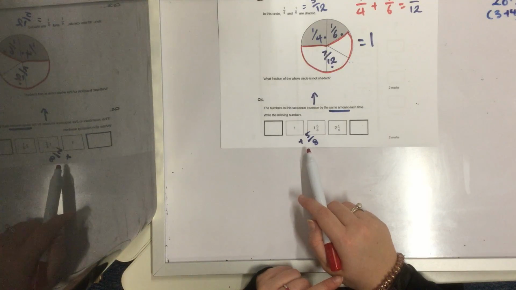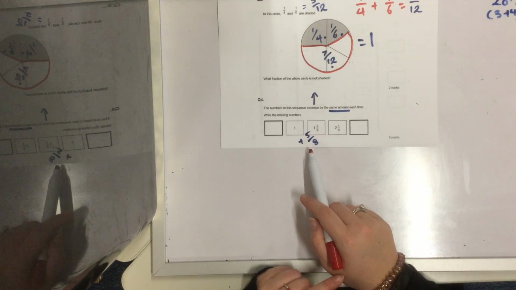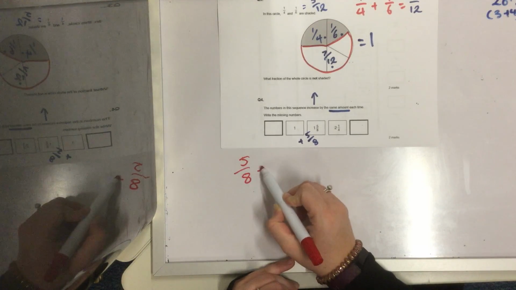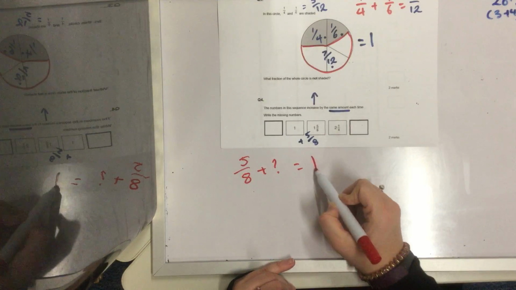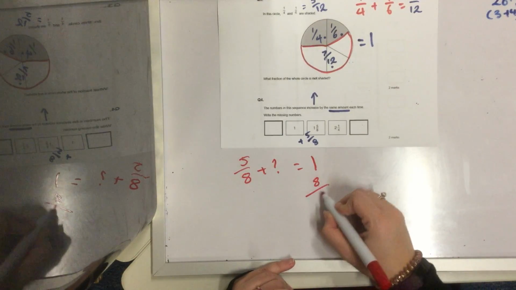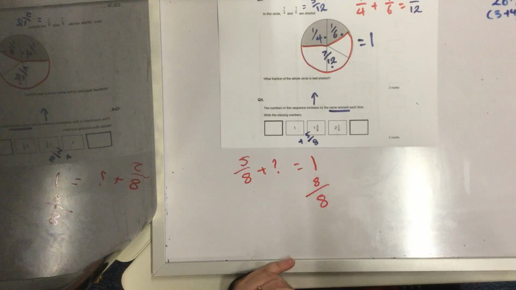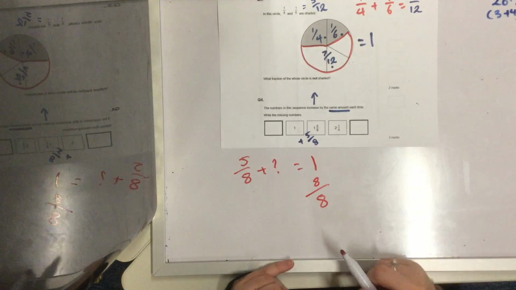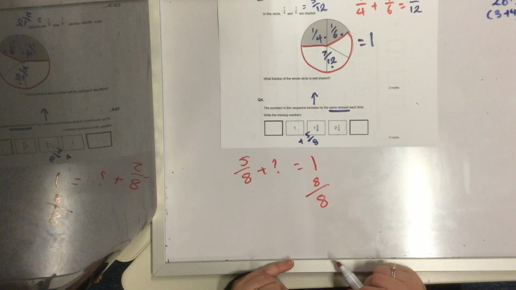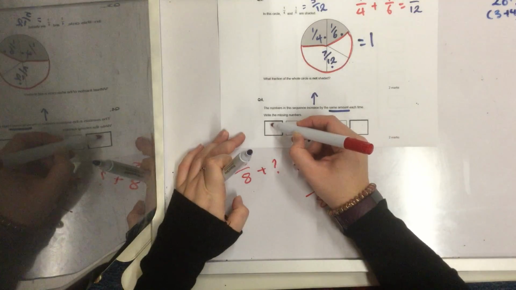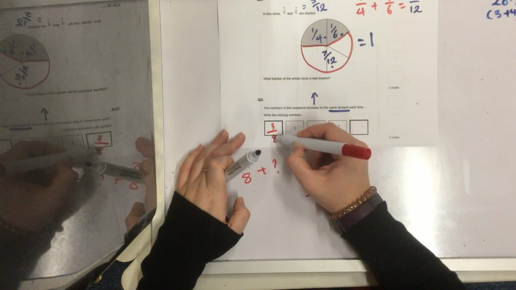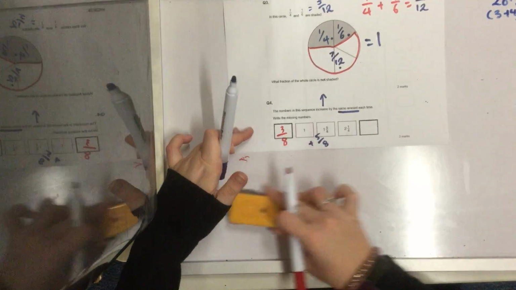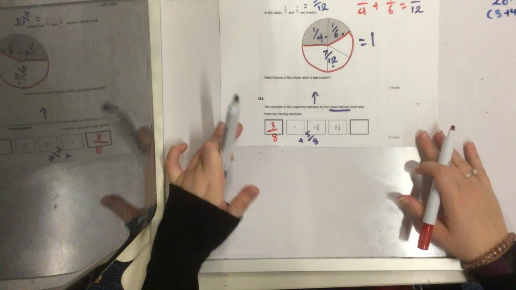If I know that it's adding 5/8 each time, well, 5/8 plus what would give me 1 whole, or let's say 8/8? So 5 plus what gives me 8? Well, it's going to be 3. So it's going to be 3/8 for that first one, which is quite simple.